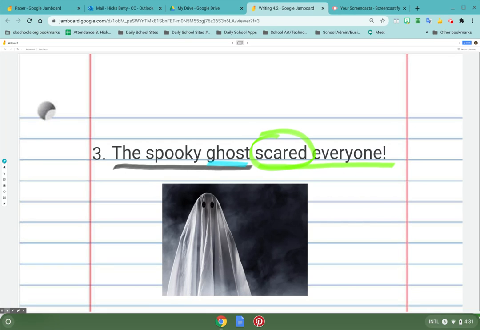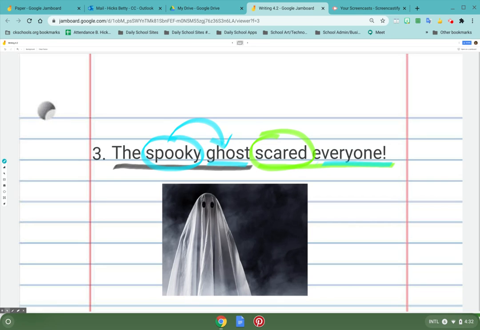And then everyone is probably, I'm going to just underline that because I'm like, could I add a word before that? I'm not sure about that one. But the ghost, absolutely. I did the spooky ghost, describing the ghost.